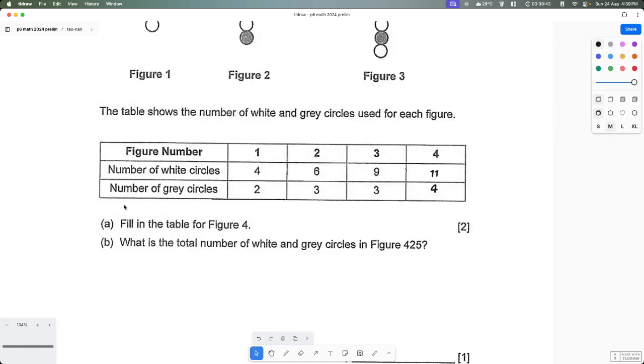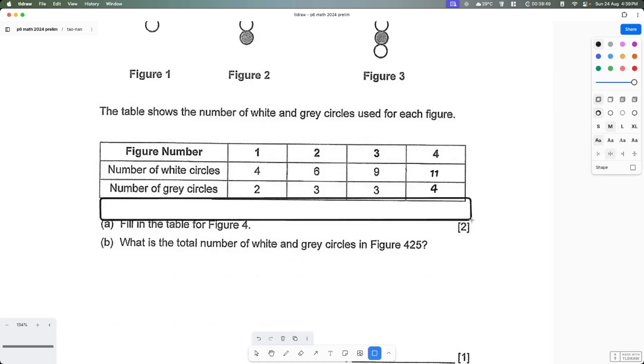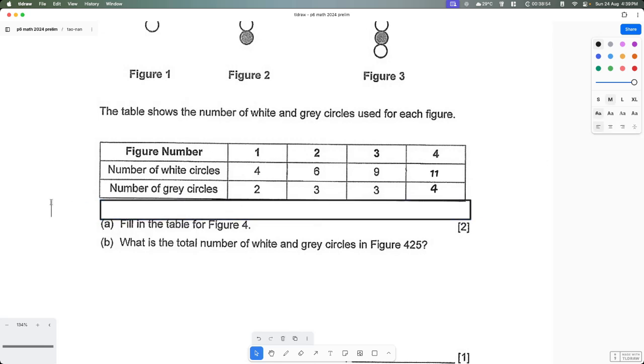Let's calculate. Let's have our own table over here, and use it as total. Let me draw some lines: 1, then 2, then 3, then 4. The total will be 6, then 9, 12, and 15.